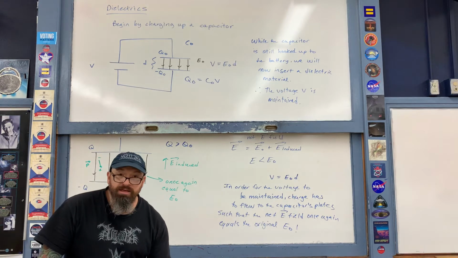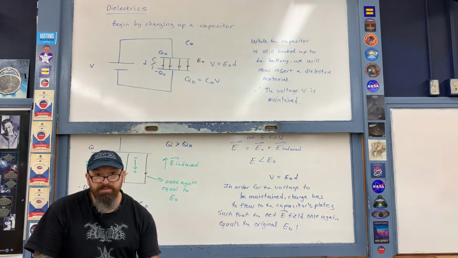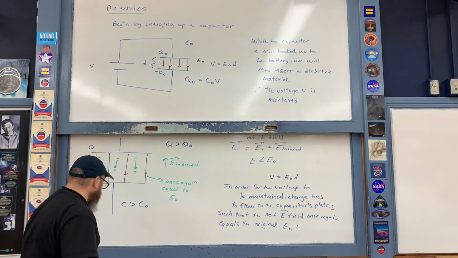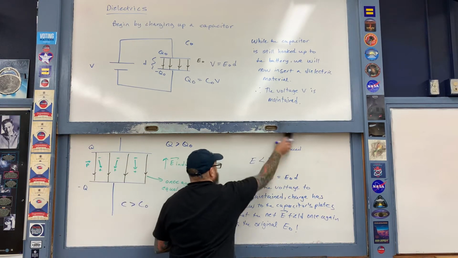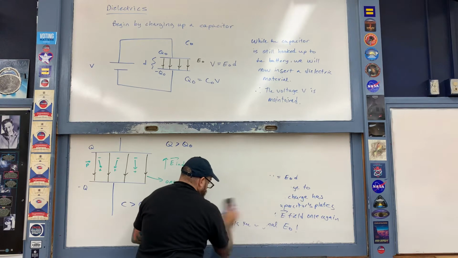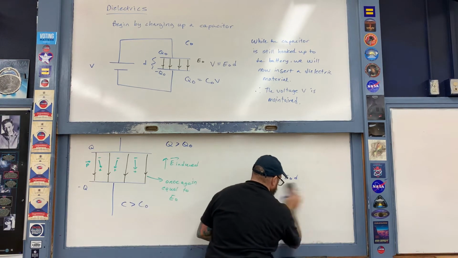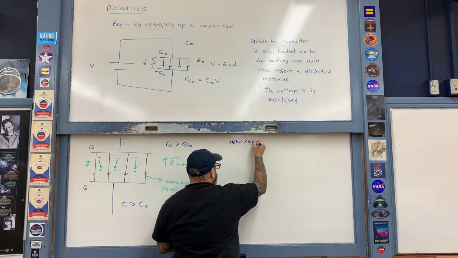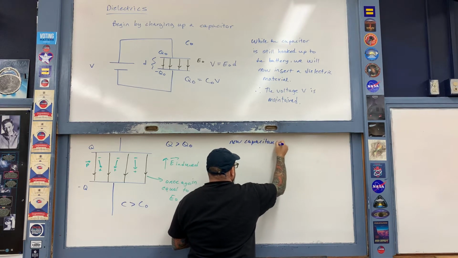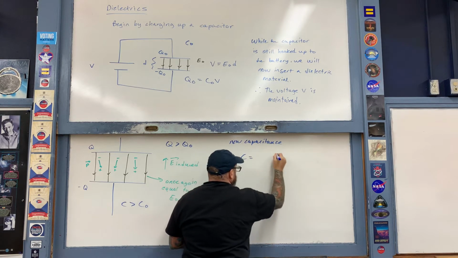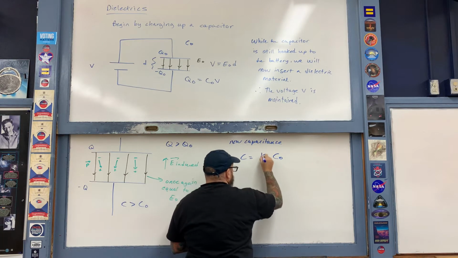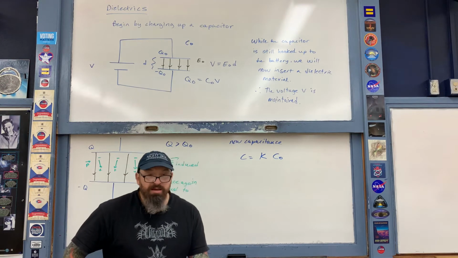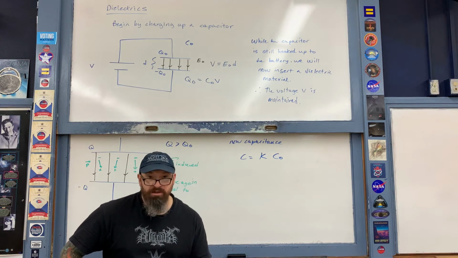There is a linear relationship that describes how the capacitance has increased from its original value. Here's then how we describe that. The new capacitance, C, is equal to the old capacitance C naught multiplied by a number that's referred to as capital K. Capital K is called the dielectric constant.